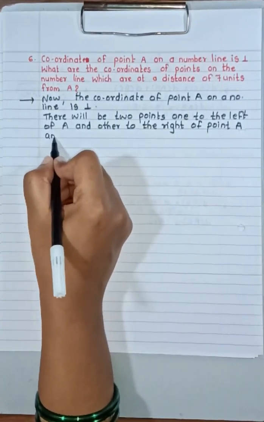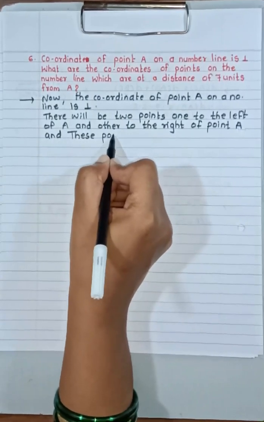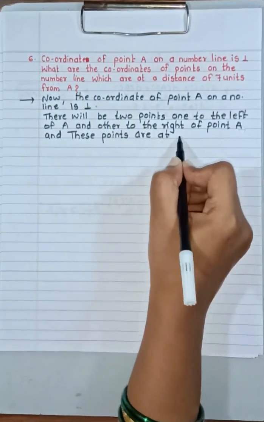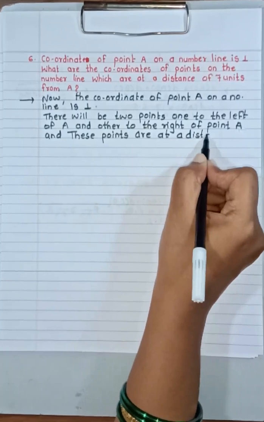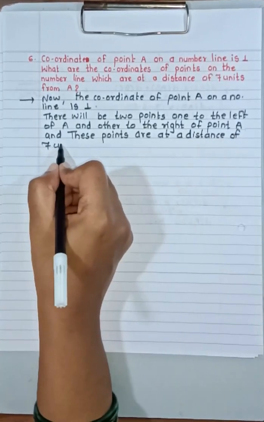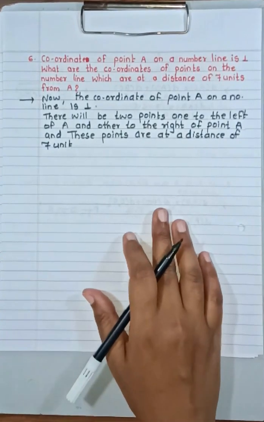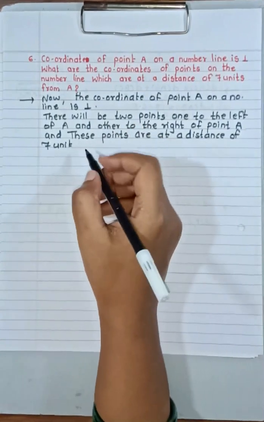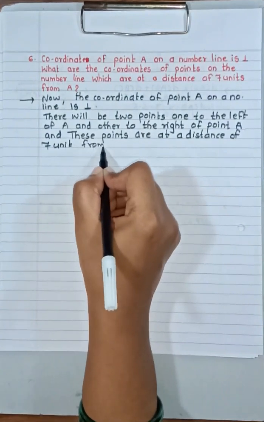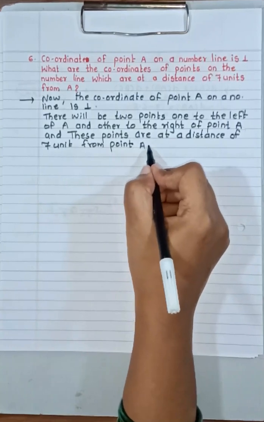Okay, and these points are at a distance of 7 units from point A.